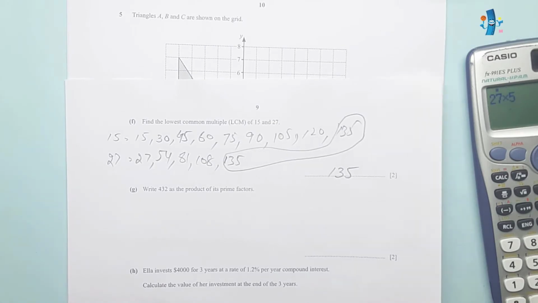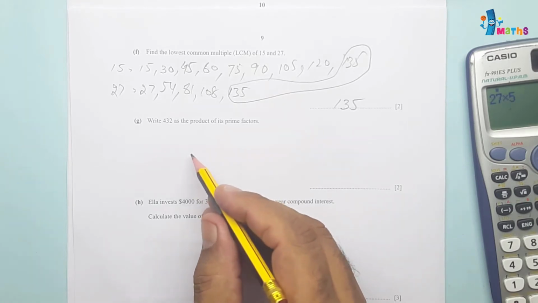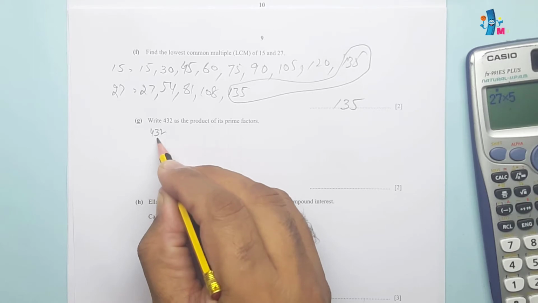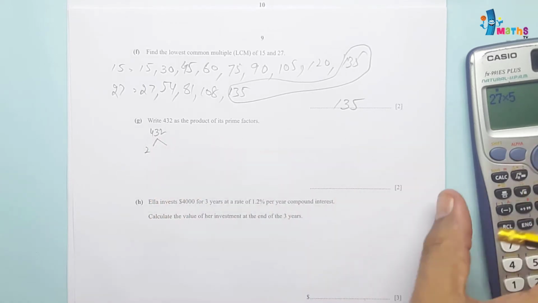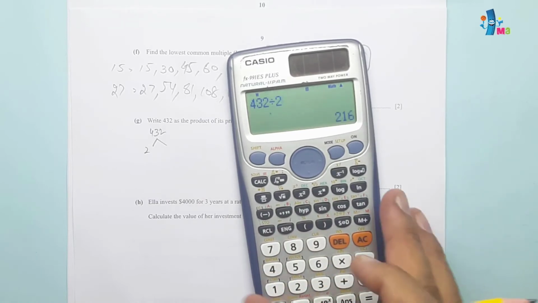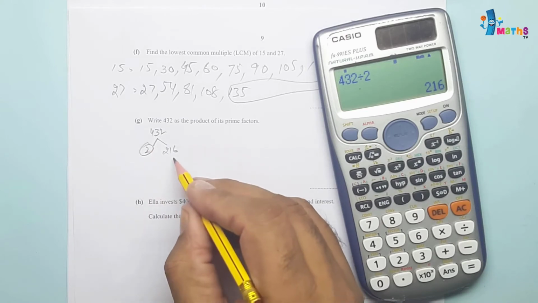Then they're saying G part, write 432 as the product of its prime factors. So 432 we can write as prime factors. This will be 2 into what? We can divide, like 432 divided by 2 will be how much? 216. So this one we can circle.